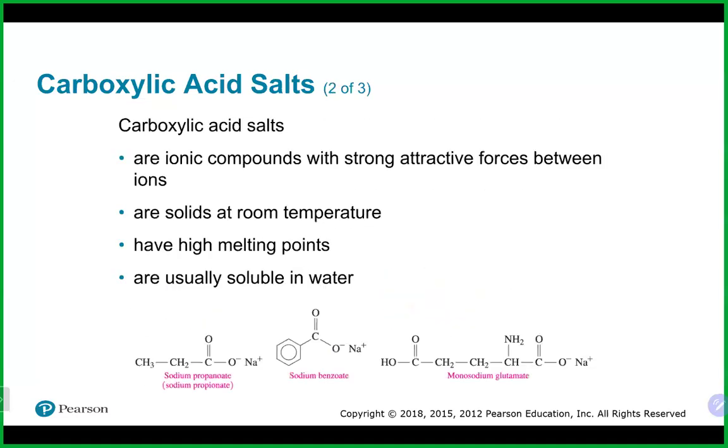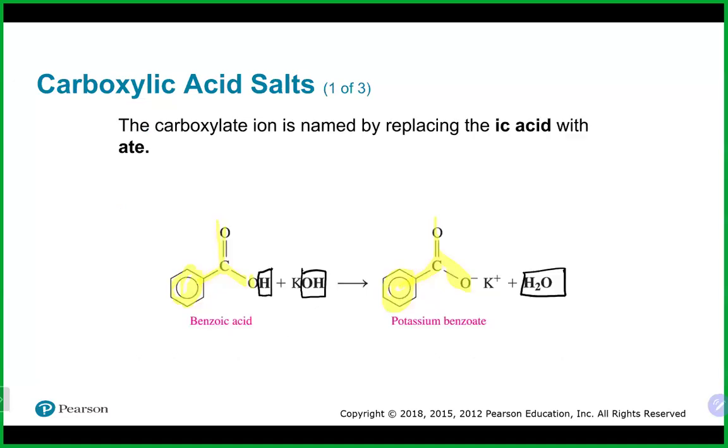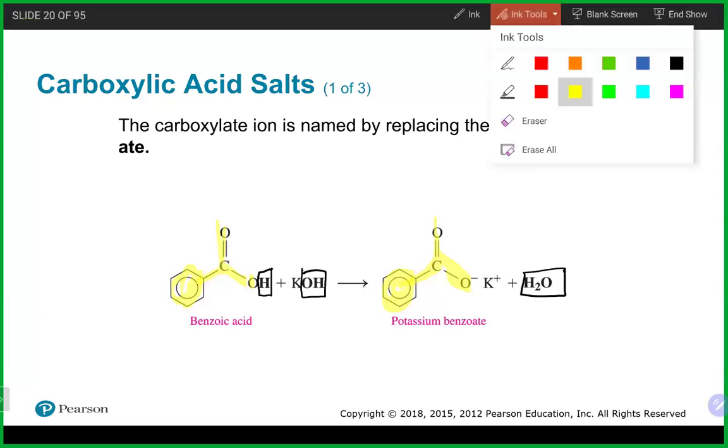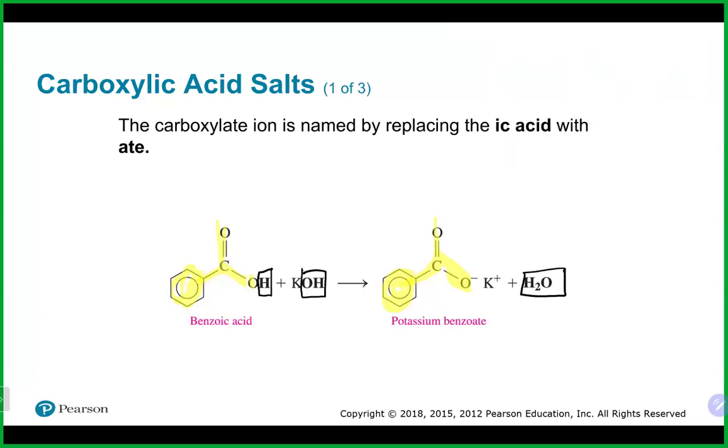So doing this equation, do we have to put the charges on the salt? Yeah, so typically you would, to imply that it is a salt. So for example, why don't you do this one? Let's say we had this guy here.